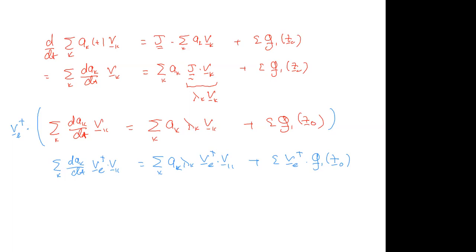And the super cool thing is that vl dagger dot vk is 1 when k equals l and 0 when k is not equal to l.